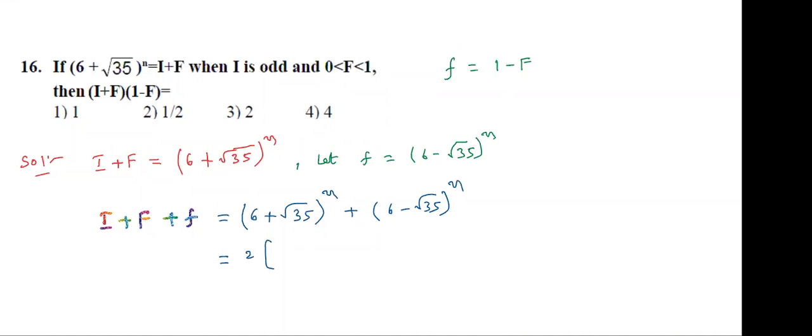So what are the remaining terms? 2 into nC0, 6 power n, plus nC2, 6 power n minus 2 into root 35 whole square, nC0, nC2, nC4, nC6, and so on.